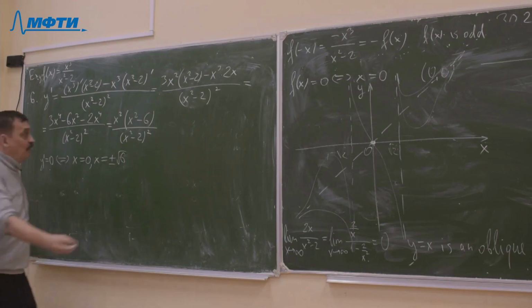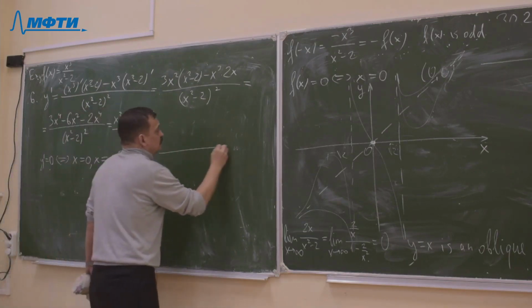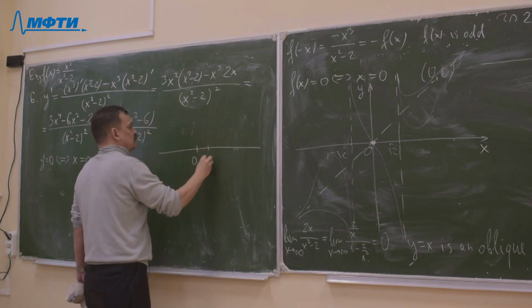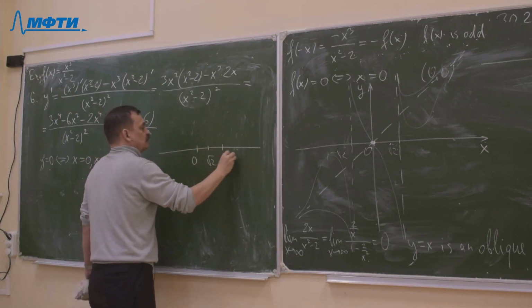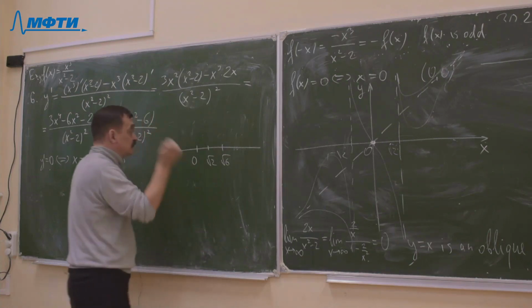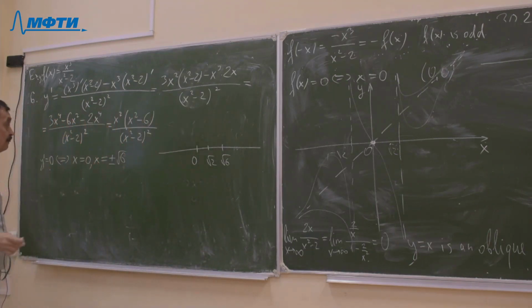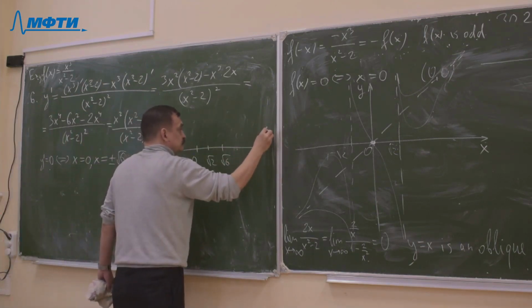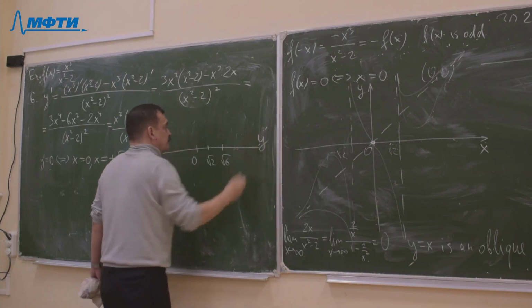So once again, we don't need to consider the negative axis. So square root of 2 and square root of 6 should be enough. And look at the derivative, y prime.